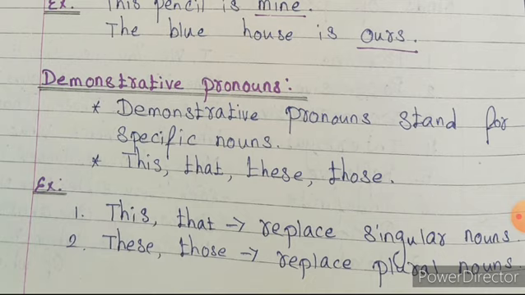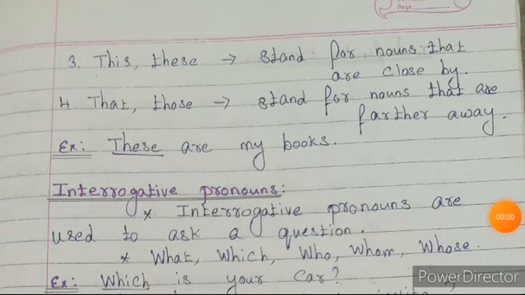So listen carefully, children. This and that replace singular nouns, but these and those replace plural nouns. This and these stand for nouns that are close by, and that and those stand for nouns that are further away.